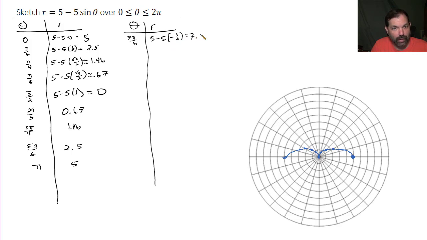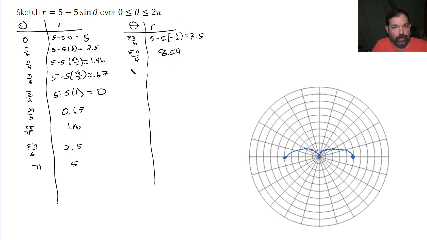That's 7.5. So then similarly, at 5 pi over 4, this would end up being 5 plus 5 times root 2 over 2. And so then that is 8.54.